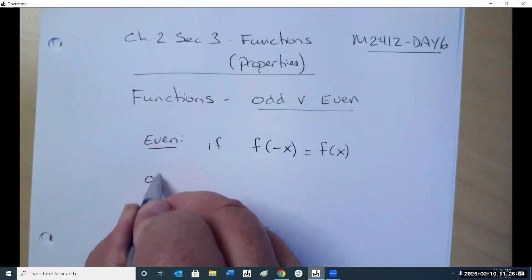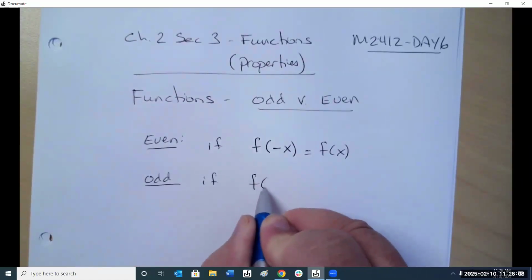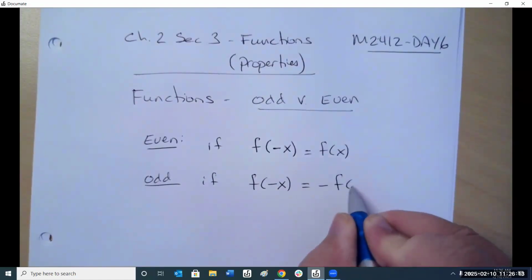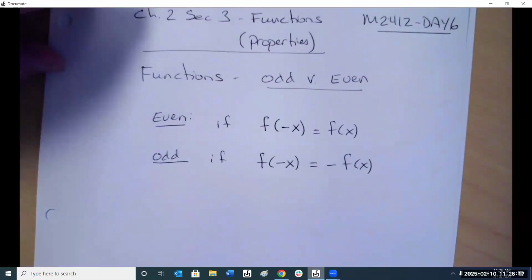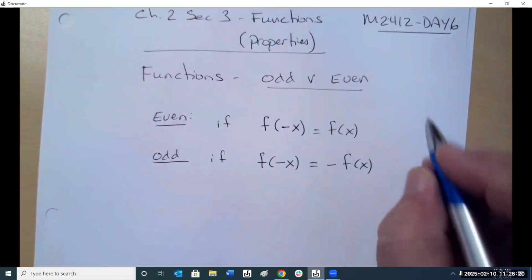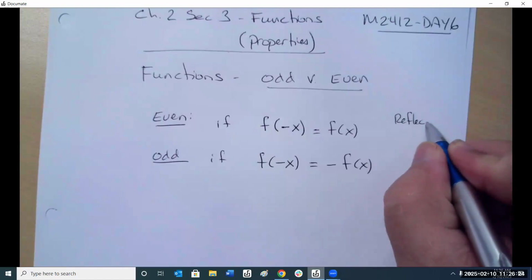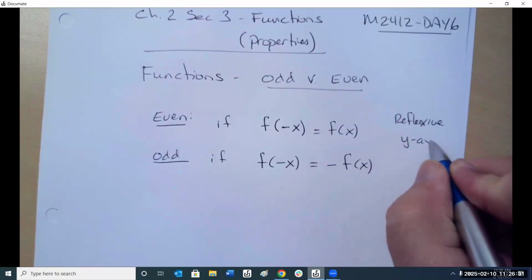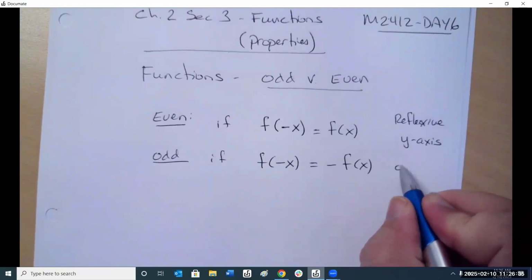And then it's odd if I change x to negative x and it changes the value of the function from positive y to negative y. So even means it's reflexive about the y-axis, and odd means about the origin.